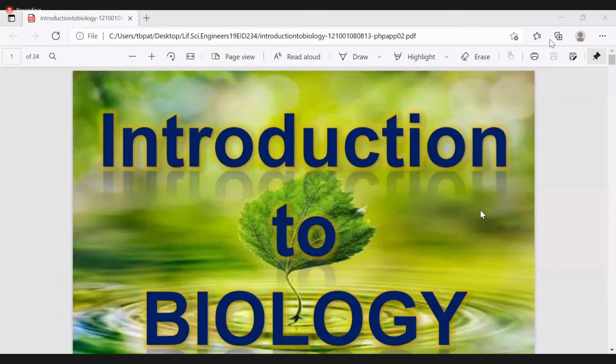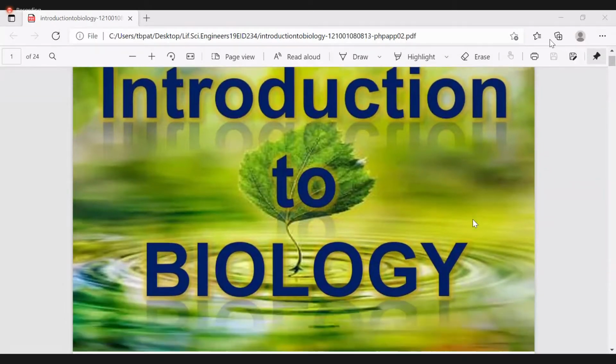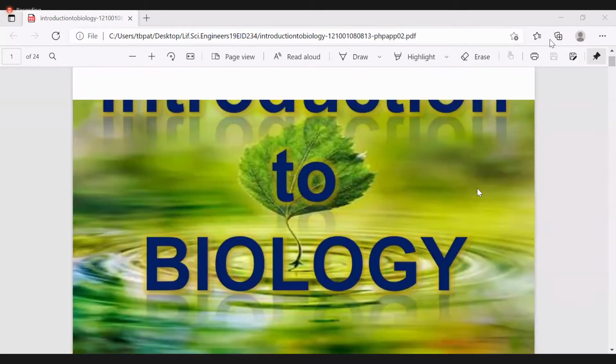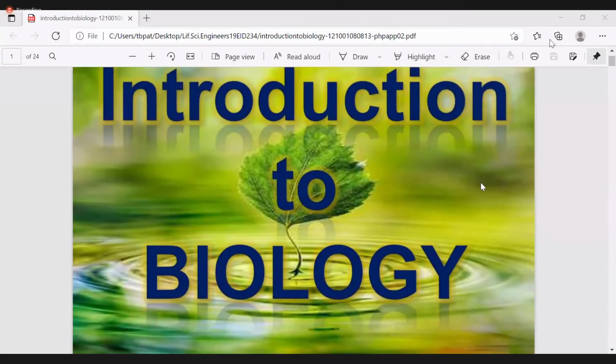Introduction of biology. From the biology point of view, there are so many living and non-living things. Both living and non-living things combined is nothing but our environment and our ecological studies. In some specific area, we may study from the environment point of view also.